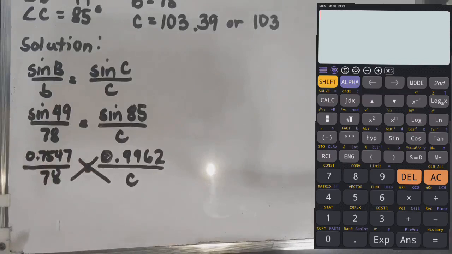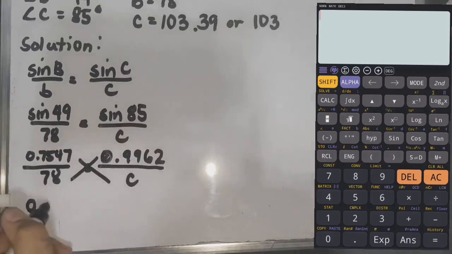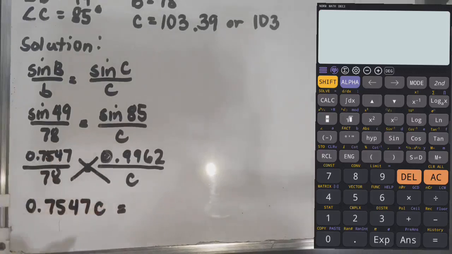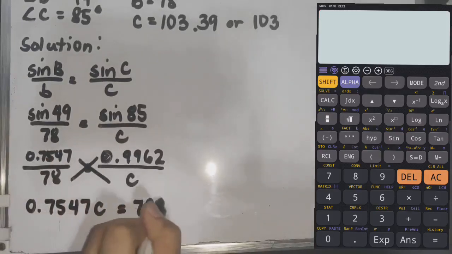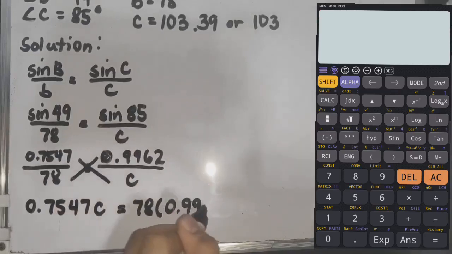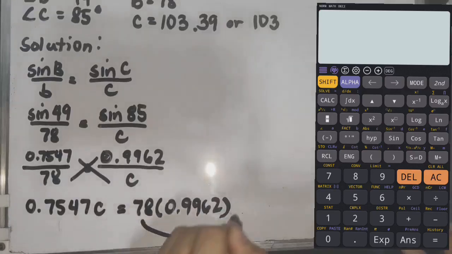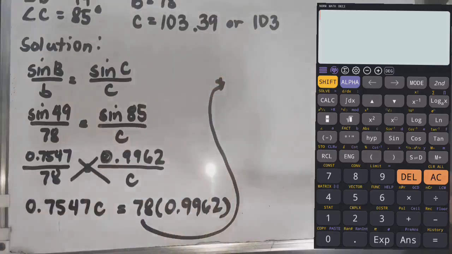So pag nag-cross multiplication tayo, we have 0.7547C, yun yung magka-partner, equals 78 times 0.9962. Wala nang denominator kasi nag-cross multiplication na tayo. Next is to multiply.